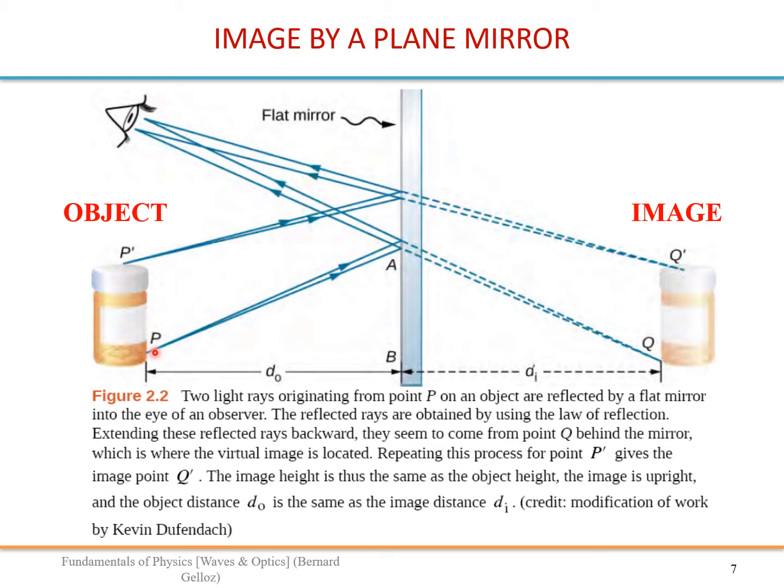We can see that this ray, the one on the left side, will reflect here and intersect the upper part of your eye, and the other one, the lower one here, will intersect here and intersect with the lower part of your eye. So all the rays in between will intersect your eye.